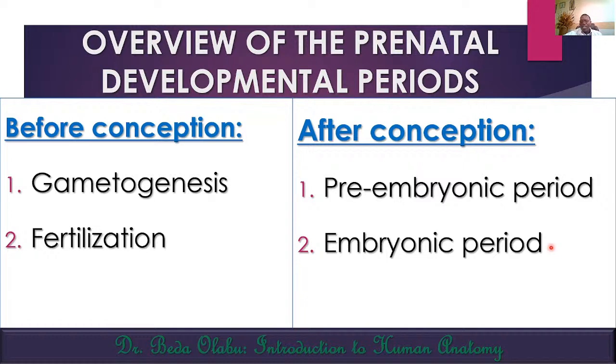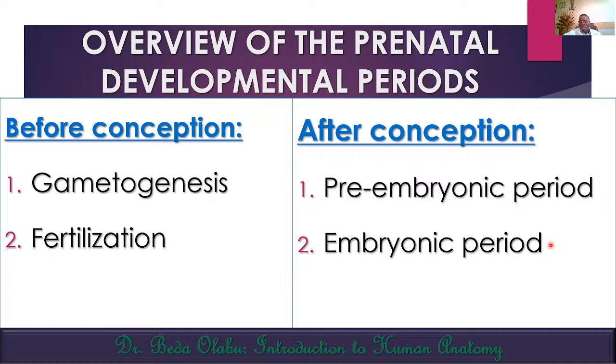It is therefore the most sensitive period in prenatal development. I'm saying that to mean that if there are some harmful chemicals that interfere with the development at this period, then there are higher chances of the baby developing some congenital malformations. So this is the period that the conceptus is most at risk of congenital malformations.